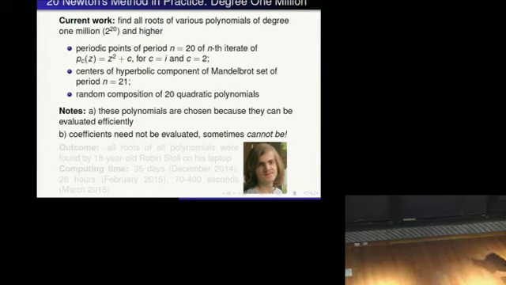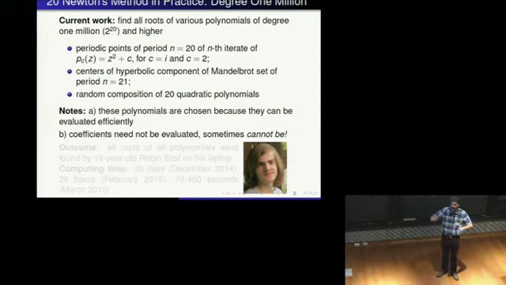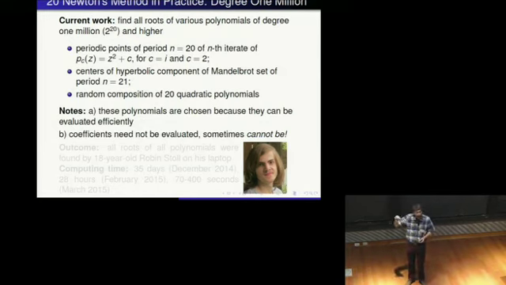So here's my counterexample. For z squared plus 2, you take the 20th iterate and look at the constant coefficient. That is 2 squared plus 2 squared plus 2 squared plus 2. So it's far bigger than 2 to the 2 to the 20th. Even the constant coefficient is gigantic and wouldn't fit into any computer.